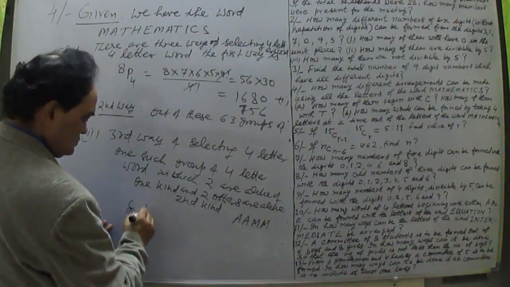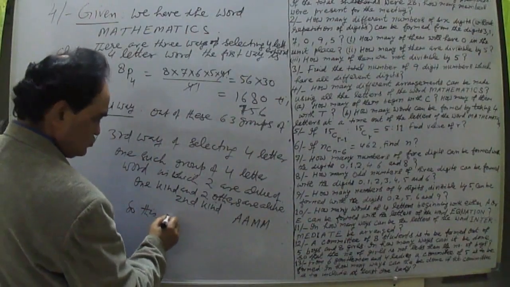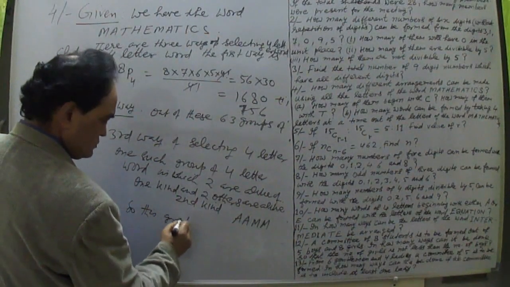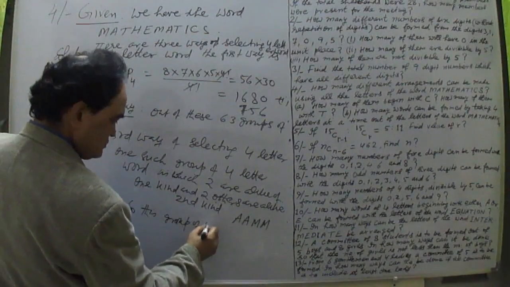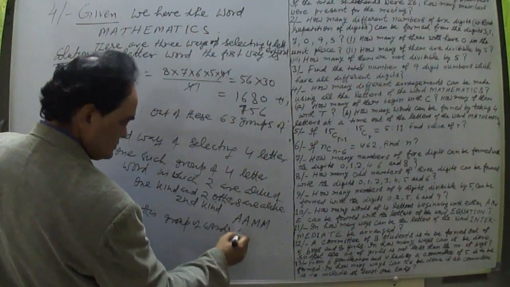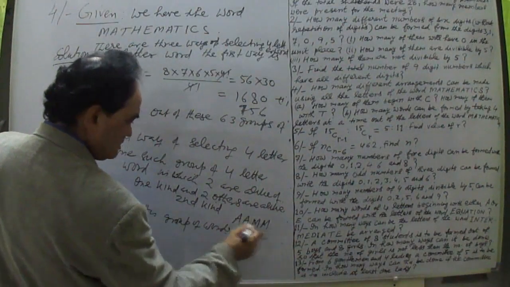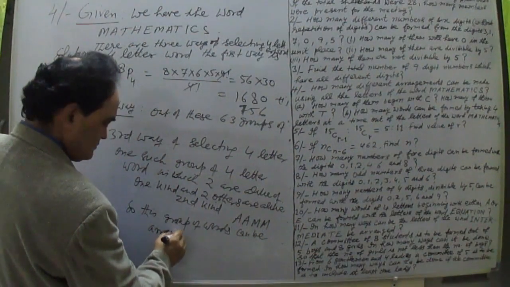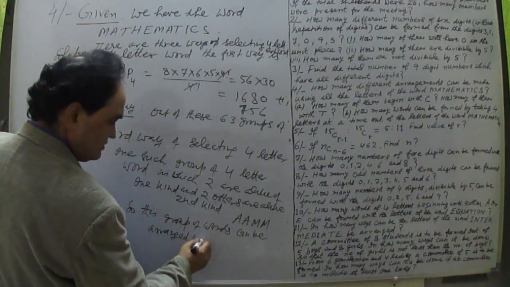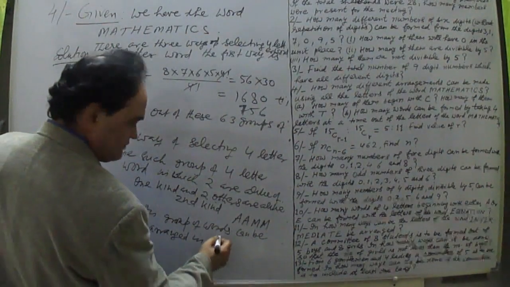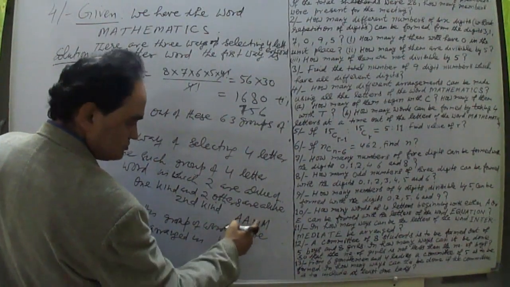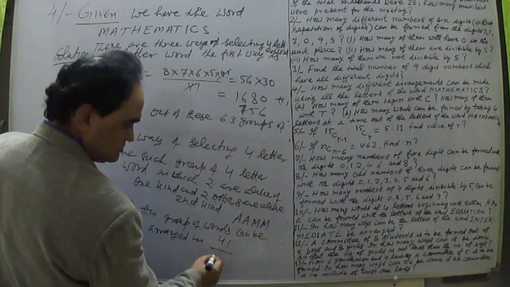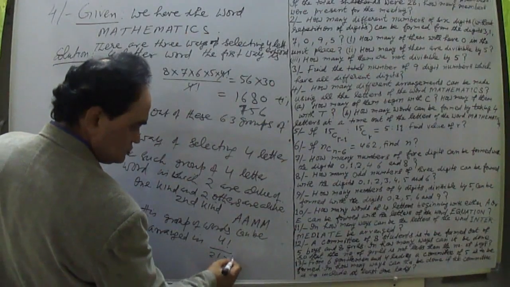This is one group. So out of these four letter words, what is the way? So this group of words can be arranged, can be permuted, in factorial 4, because out of these four letters, two are similar, so factorial 2 into factorial 2.